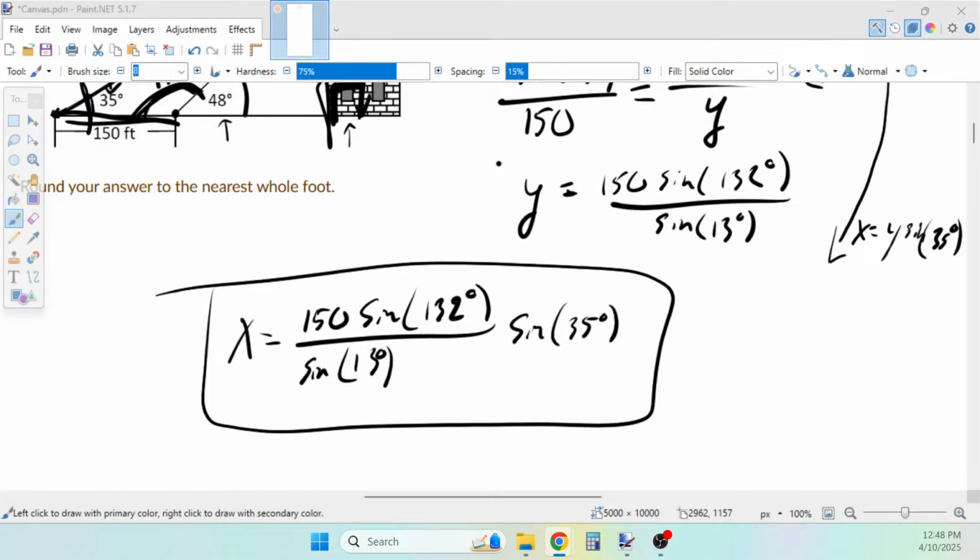$32 times the sine of 5 degrees divided by the sine of... let's see if Wolfram Alpha likes that.